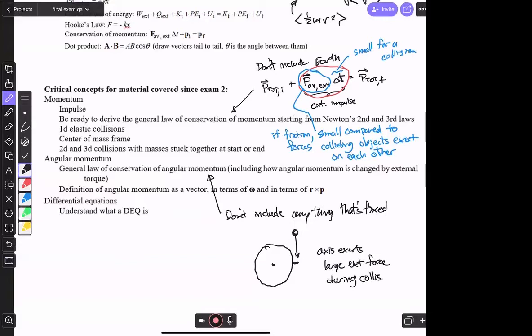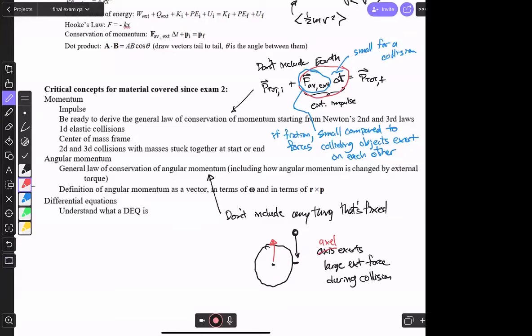So that is to say that the piece of putty is exerting a big force downward on this disc, but we know that the disc doesn't move, and therefore the axle, I said axis, but I meant axle, must be exerting a large upward force on the disc to keep it from moving.